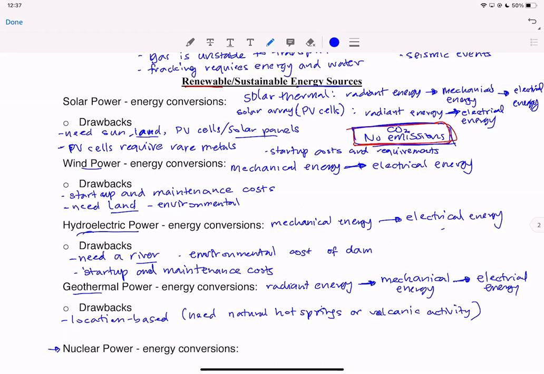We also have some in California, but you're not going to drill all the way down to the core of the earth. You're going to drill to some hot springs, some hot water that is hot because it's heated from the core of the earth. You're going to drill down into those hot reservoirs of heat that are hot springs or volcanic activity, which is usually going to have hot springs near, and here it's in the Western US. And so we have that location-based limit, which not all countries have, okay?